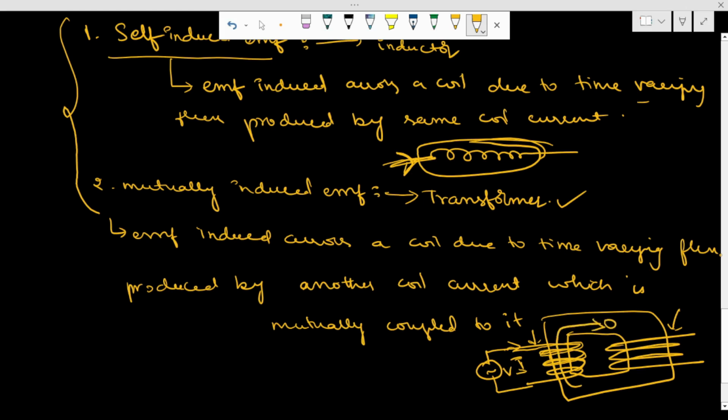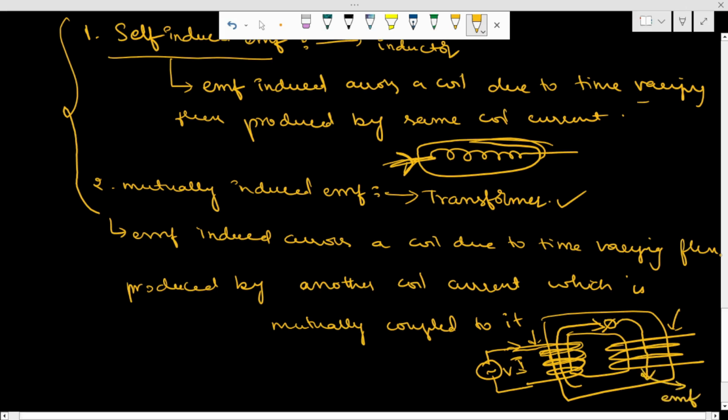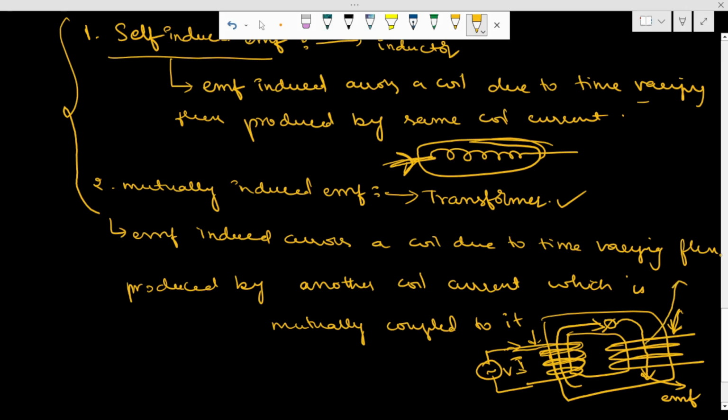This alternating flux cuts the secondary coil and EMF is induced there. Current is not passing directly through the secondary coil. Current is passing through the primary coil and the EMF is induced in the secondary coil. This process is known as mutually induced EMF.